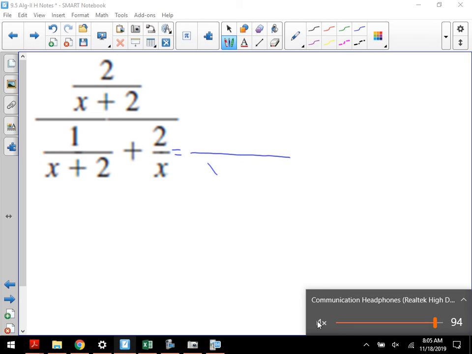So it's going to be x times the x plus 2. All right? Fraction on the left just needs the x. Okay? The fraction on the right needs the x plus 2. And again, I'm only going to simplify that numerator. When I combine my like terms of that one, I'm going to get 3x plus 4.